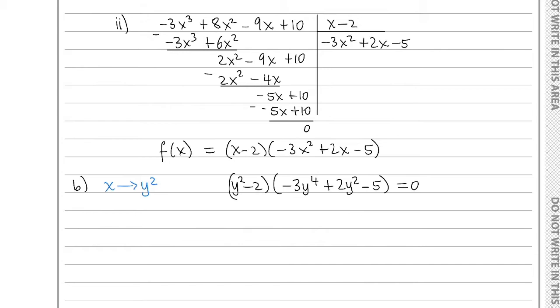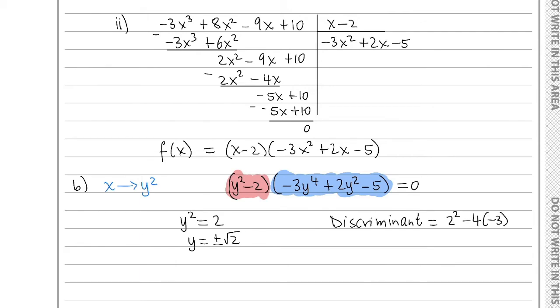Now, we need to prove that there are exactly two real solutions to the equation. I can immediately see that from this first set of brackets, we have y squared being 2, which gives me two solutions, plus minus root 2. The other one is just a quadratic in y squared, so I could consider the discriminant, which is b squared minus 4ac.